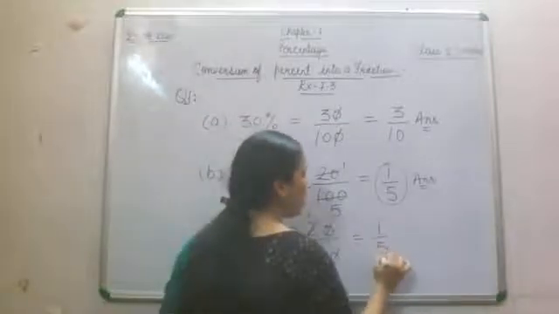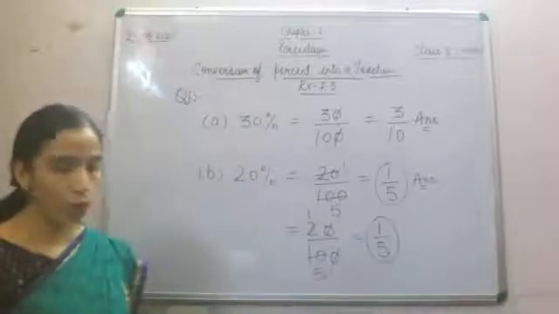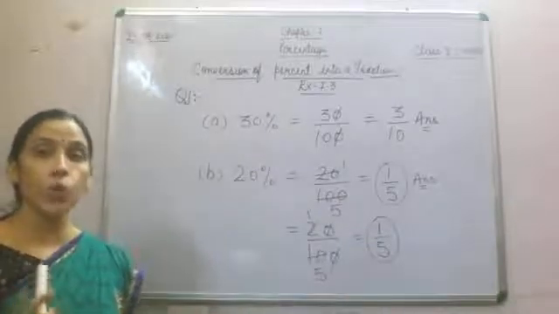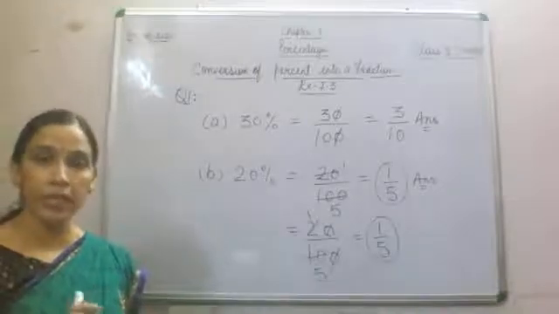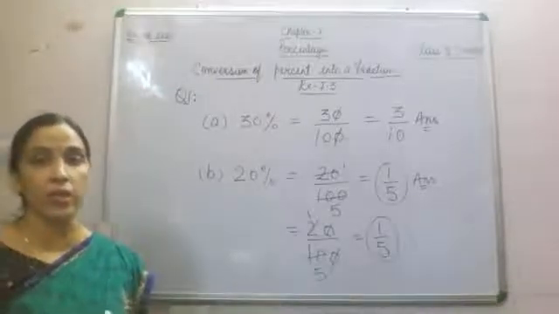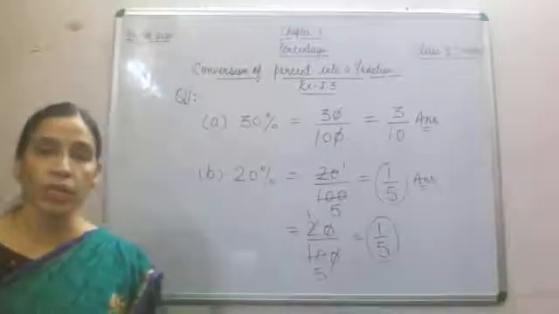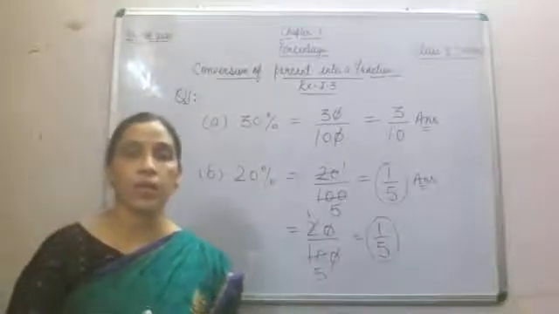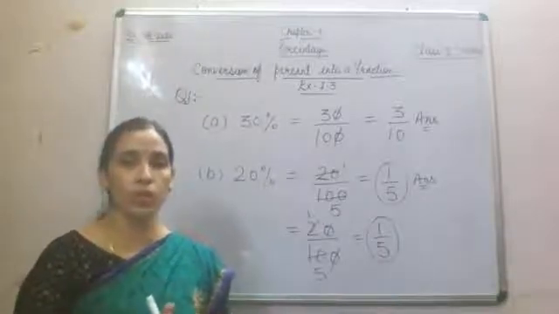So there are different methods of reducing a given fraction into lowest form. But you are going to reduce it into its lowest term. It is compulsory for every fraction. If you get a fraction which is not reduced into its lowest term, then you are supposed to reduce it into its lowest term.